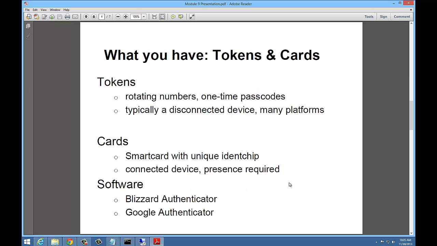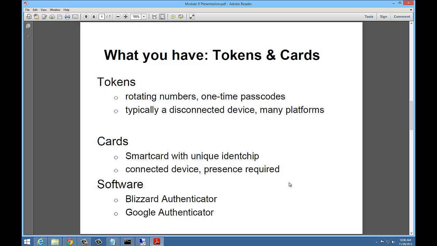What you have, that part of authentication and verification, could be a token or a card. Tokens are rotating numbers, one-time passcodes. Typically, a device like a card will have the first 10 or 12 characters rotate every minute, and then the second part of the password will be something that you already know.